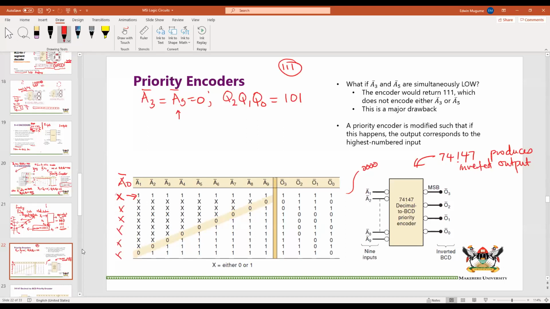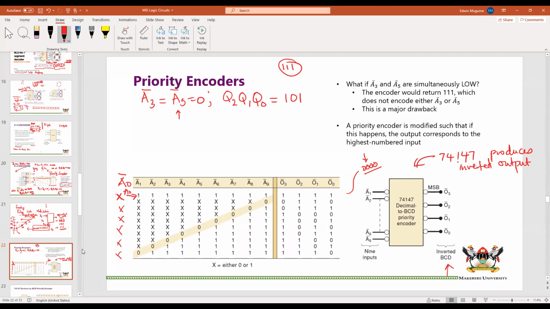Now that BCD code is generated in its inverted form. As you can see, inverted BCD. So we know that A naught would give us a code of 0000, but the output is actually 1111, which is the inverted code for that 0000.